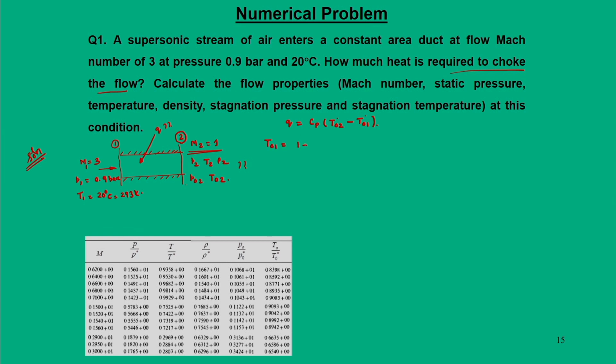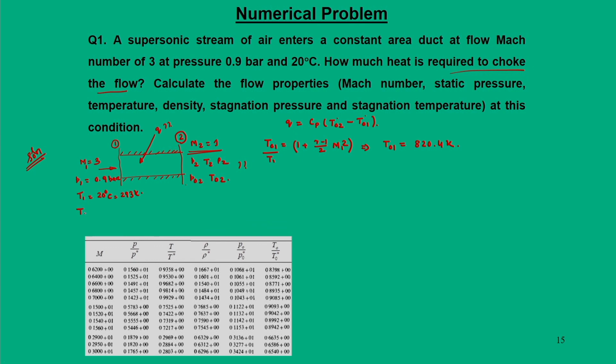T naught 1 is T1 into 1 plus gamma minus 1 by 2 M1 square. So, you know M1 as 3 and T1 as 293 Kelvin, so this will tell you T naught 1 would be 820.4 Kelvin. Just put M1 is 3.